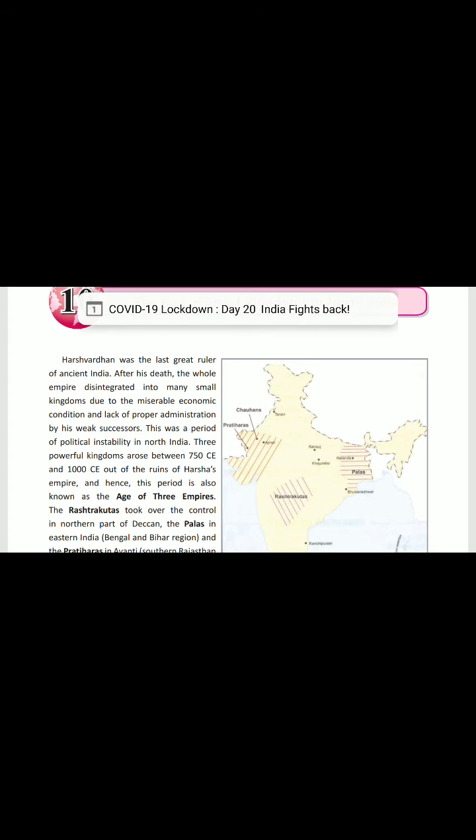After his death, the whole empire disintegrated into many small kingdoms, छोटे छोटे भागों में बट गया, due to the miserable economic condition, because the economic condition was very bad and there was no strong successor after Harshvardhan, and there was a lack of proper administration by his weak successors.